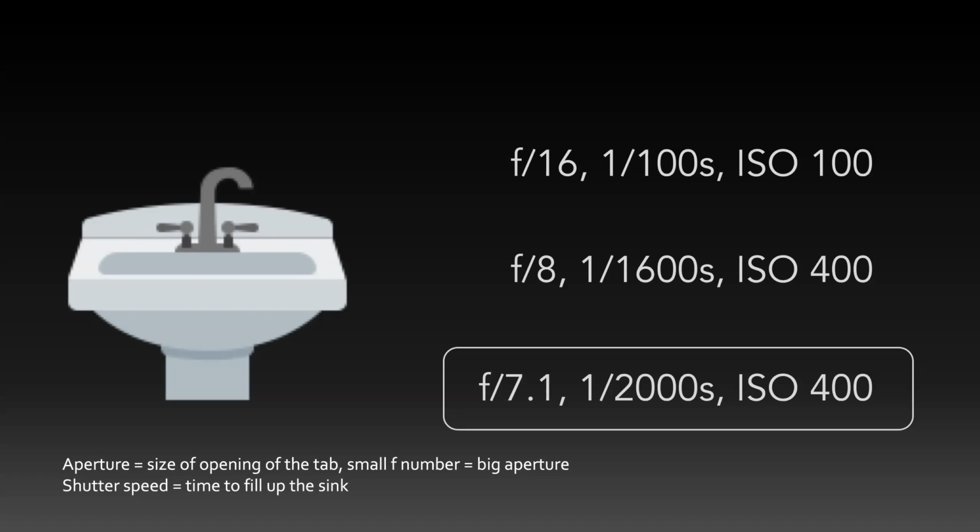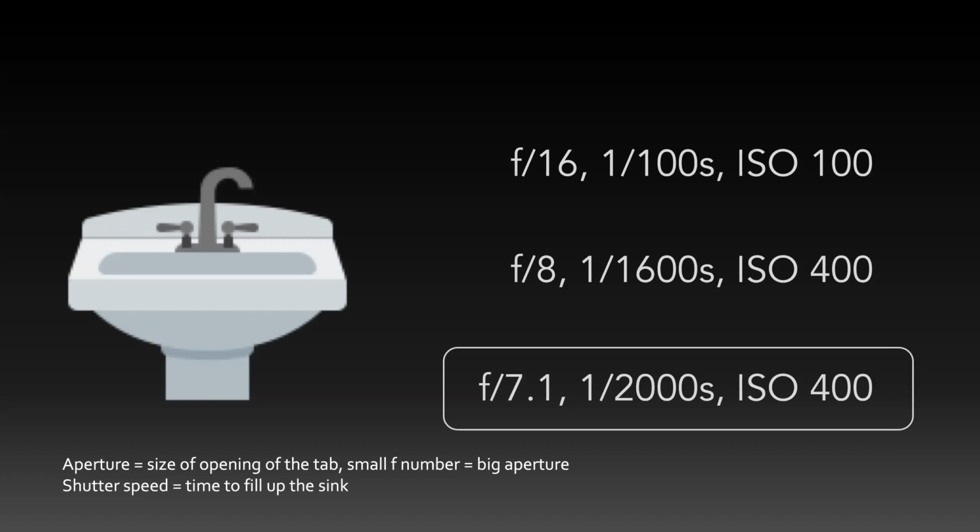The opening of the tap is really just the aperture opening. If you open it more, then it takes less time to fill the light into the sink to get the proper exposure. And if you narrow it down like f16, which means a very small aperture, then it takes a lot longer to fill it up.